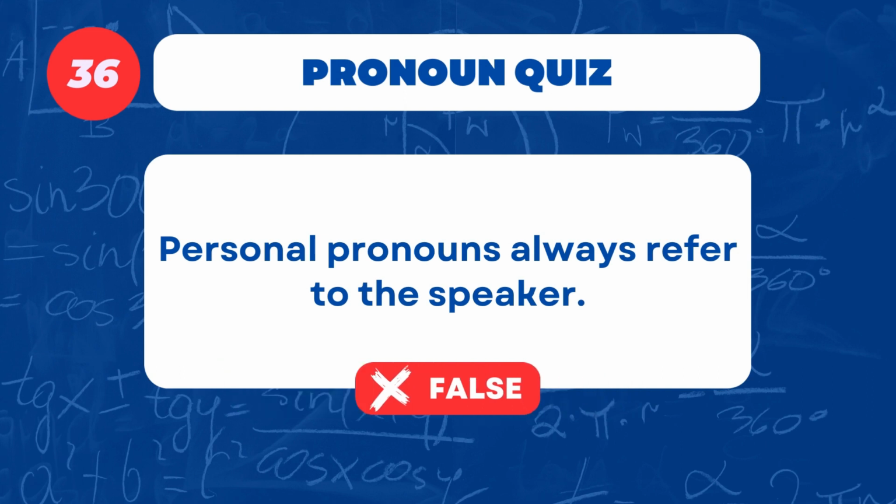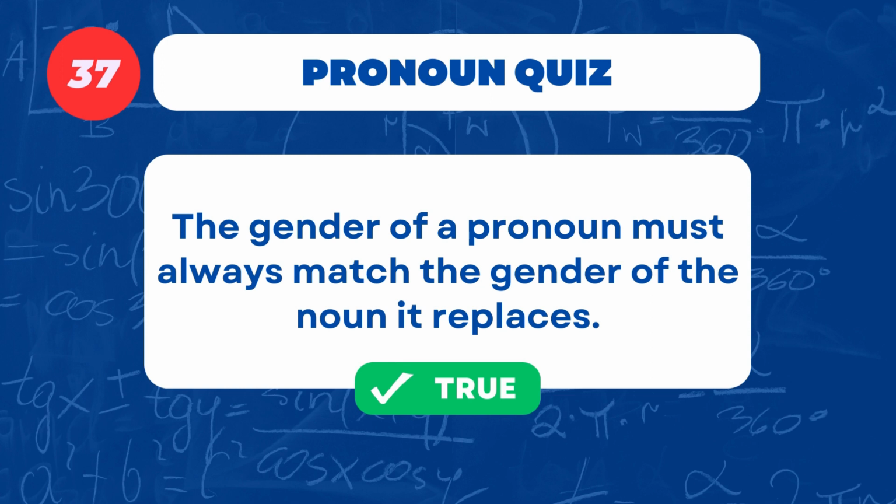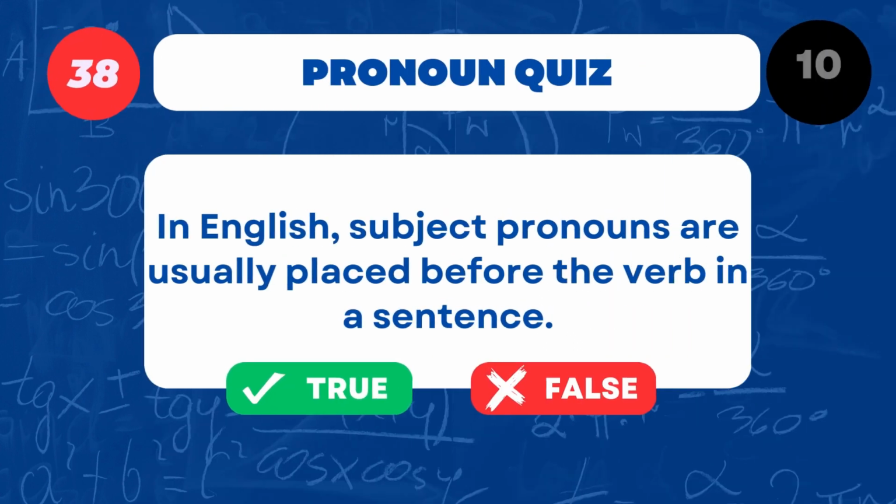False. Number 37. The gender of a pronoun must always match the gender of the noun it replaces. True or false? True. In English, subject pronouns are usually placed before the verb in a sentence. True.